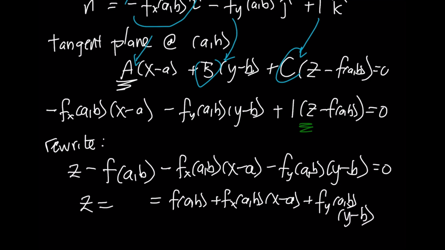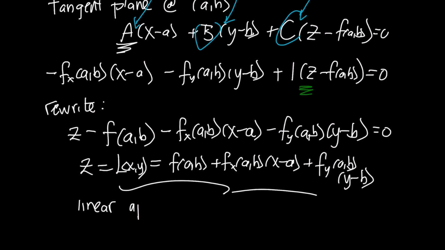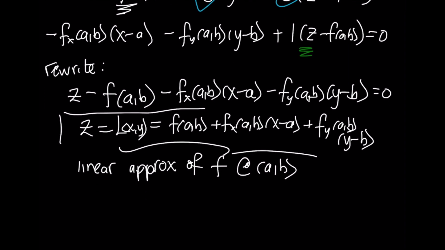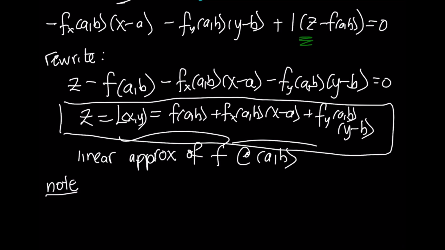Now, I've left a gap in there because I'm going to give this a new notation. I'm going to call this L of x and y, the linear approximation of our function f at the point (a, b). Now, just like before, when I'm actually at the point (a, b), the value of the linear approximation is equal to the value of the function, but there are infinitely many different planes that will do that.